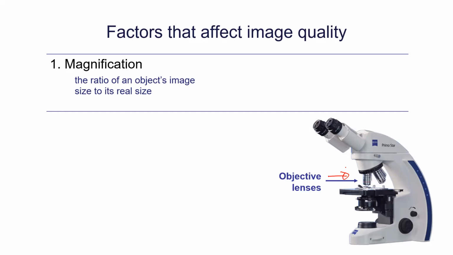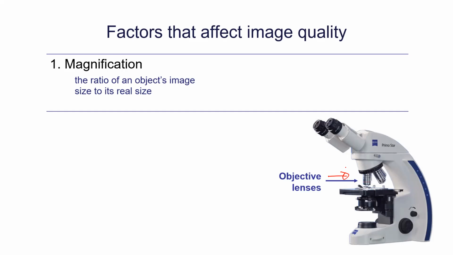Same idea with a camera. If you ever see somebody with a professional camera, that guy with a really big zoom lens, he or she is going to be able to get in closer to whatever you're trying to take a picture of, and you're going to get a better, at least a higher magnified, image. That's one thing we can do to improve the quality of an image, is just change the lens.